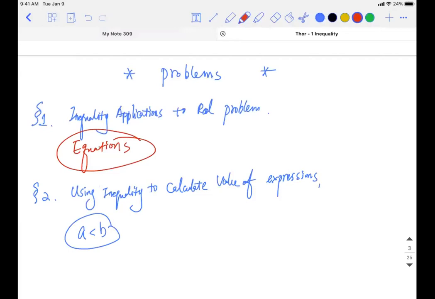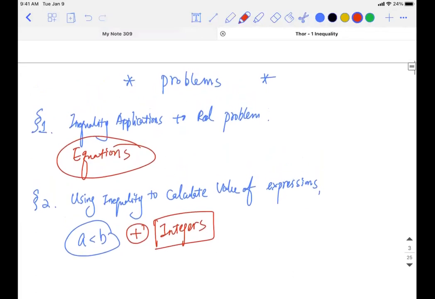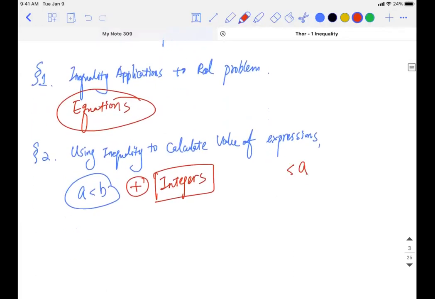That's a very good question, because whenever you see an inequality used to determine the value of an expression, most of the time the question might give you some integer-related constraint. What does it mean? For instance, I give you the inequality A is from maybe 3.1 to 4.9, okay? Everyone knows that if A is a real number, there are infinitely many values of A within such a range.